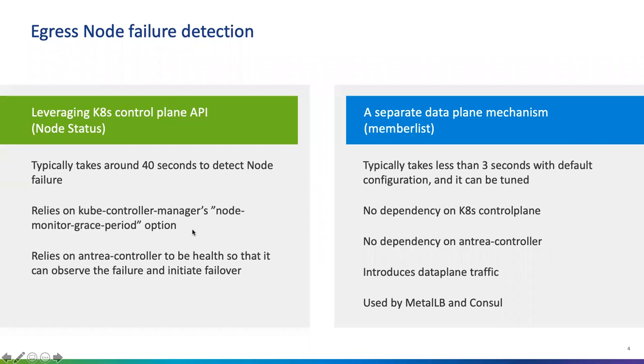This period is controlled by an option called node monitor grace period, which defaults to 40 seconds. On some platforms or some distros, this may be tuned, maybe higher or lower.